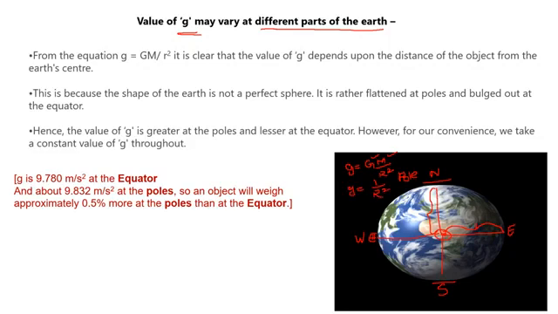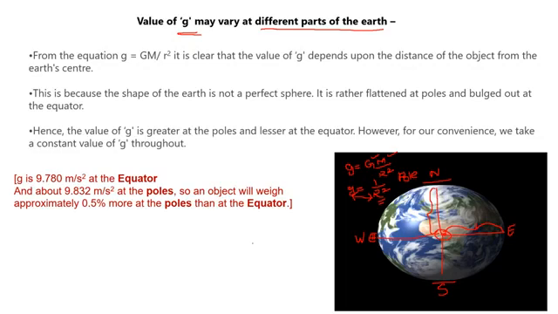That clearly shows that the acceleration due to gravity is affected by the square of the distance. They are inversely proportional. If the distance is more, the gravitational pull is less.